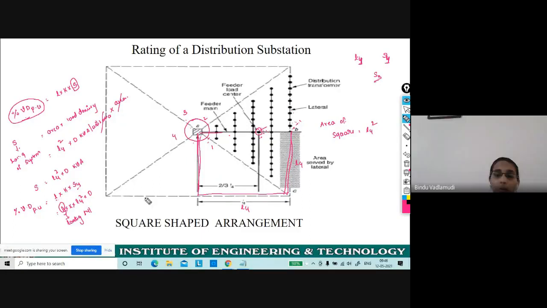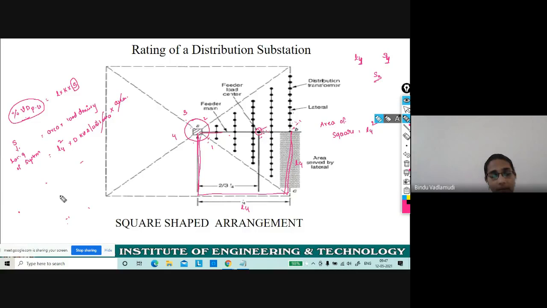Please, all of you copy up to here. Did you write the expression? Percentage voltage drop per unit is equal to L into K into S, where S is equal to area into load density.